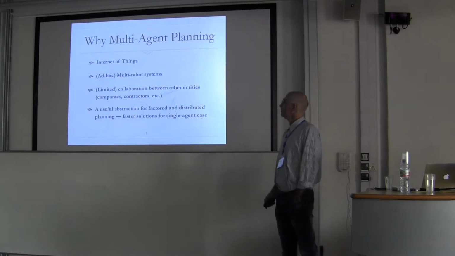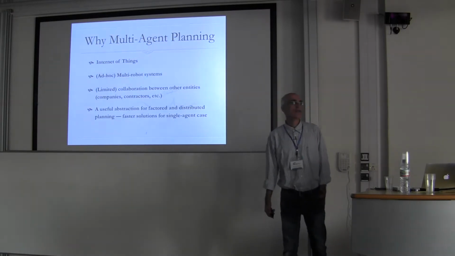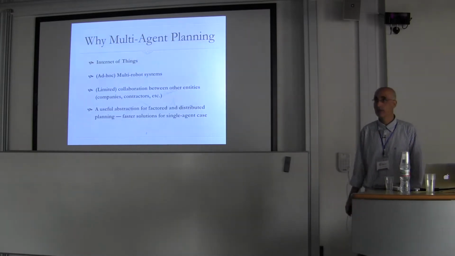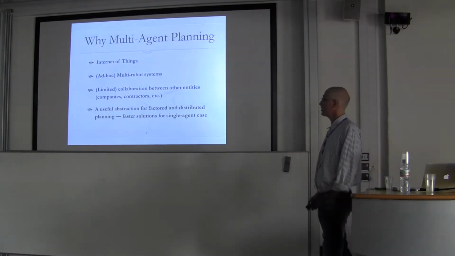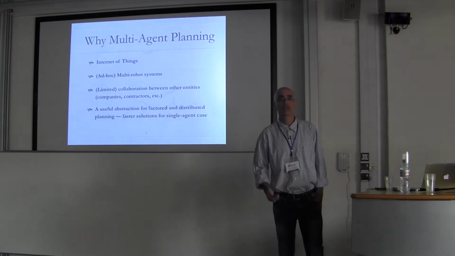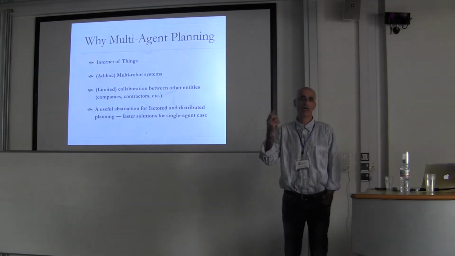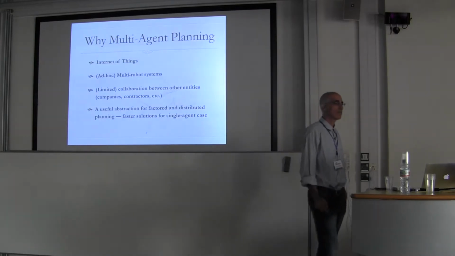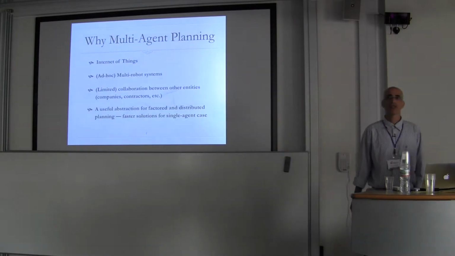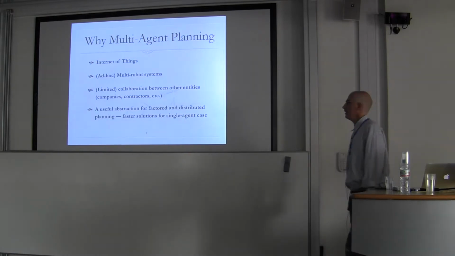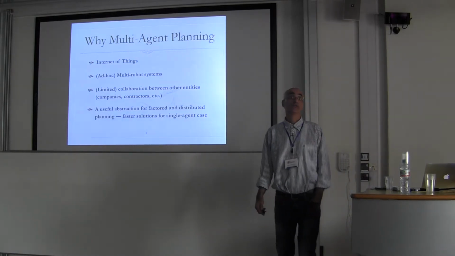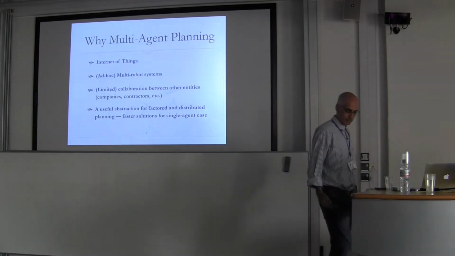And finally, multi-agent planning is also a very useful abstraction for factored and distributed planning. I'll talk a lot about this. But the idea is that an agent doesn't have to be a clear physical entity. It could be our own invention, our own abstraction of some component of a system. And in some cases, when we use this abstraction, we get faster solution to single agent problems.